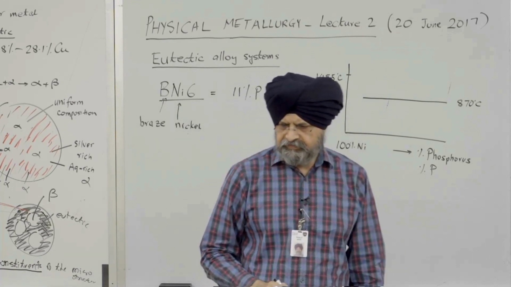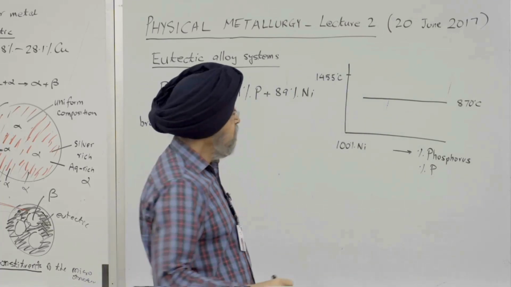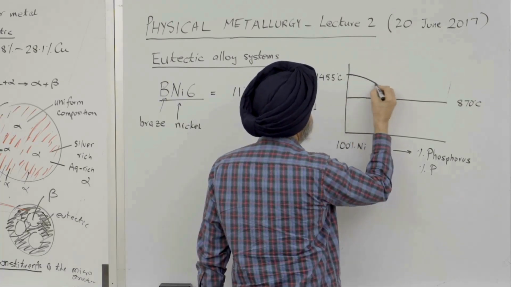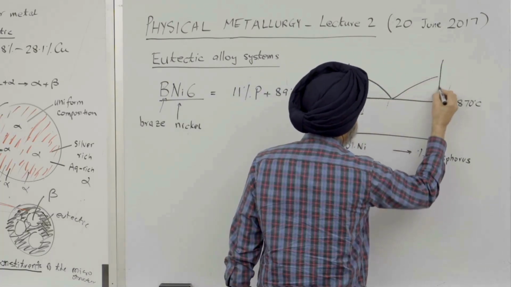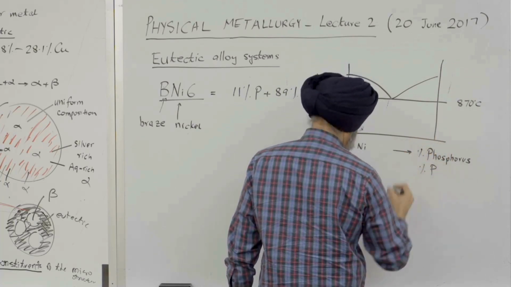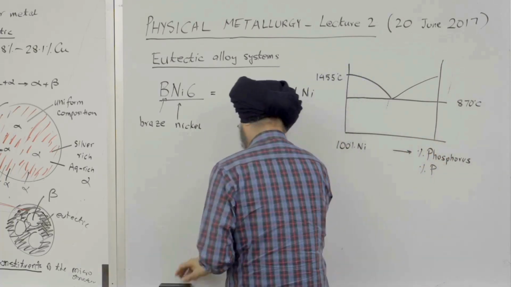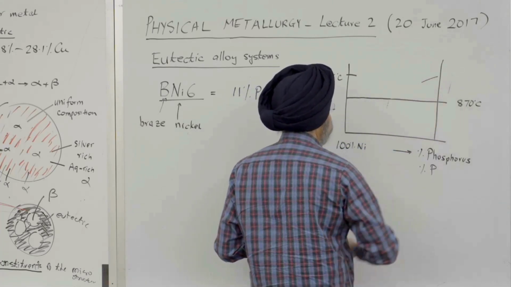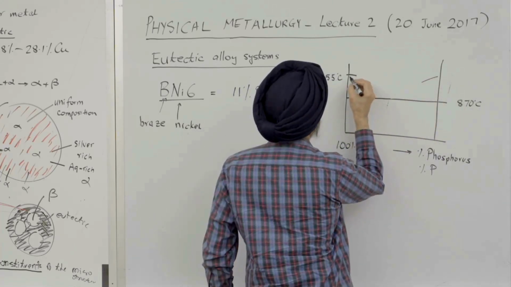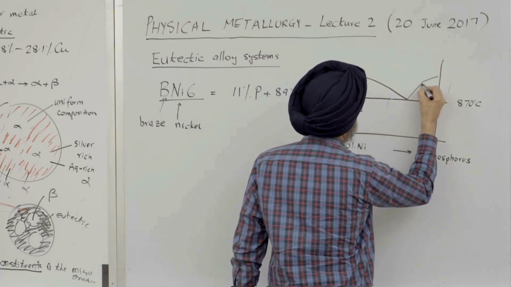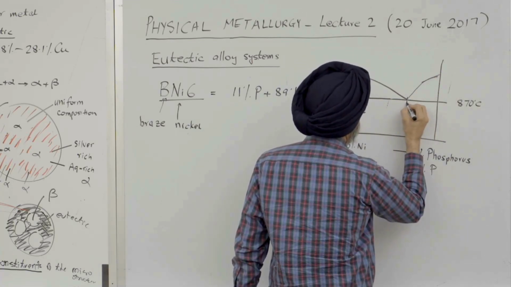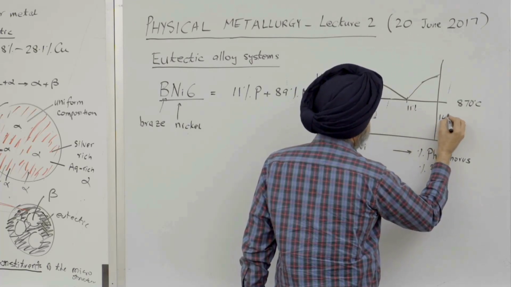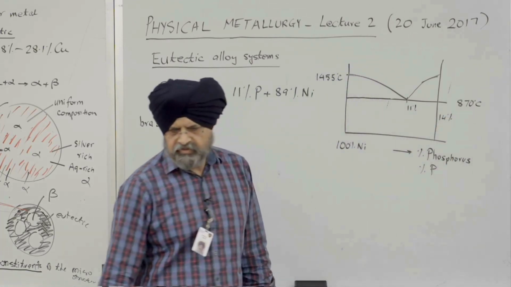And then we have, okay, so this one looks like this. And so maybe I should draw this correctly. This point is at 11%, and this is, I think, 14%.